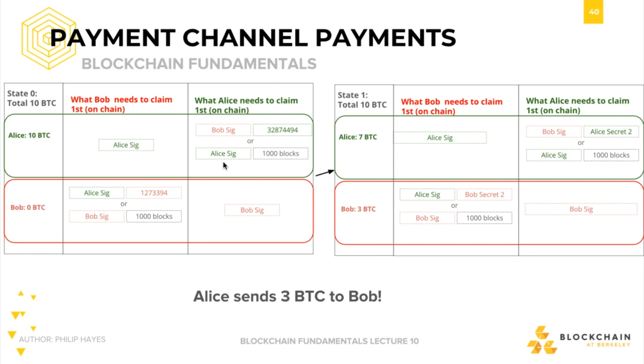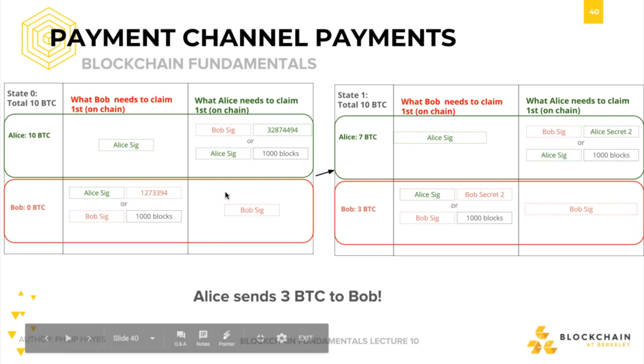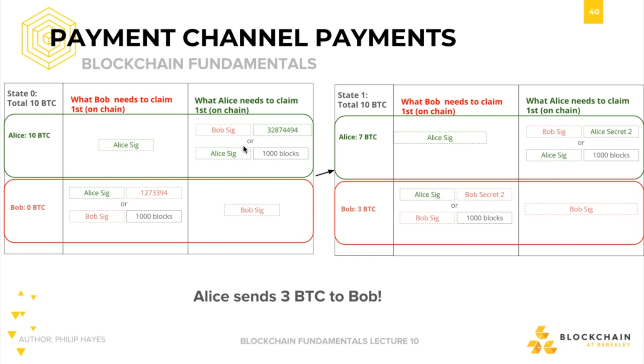So her signature along with 1,000 blocks. Or she would need Bob's signature along with her secret key. But Bob is not going to give her his signature, right? So she would sign and put this claim that she wants her 10 Bitcoin from state 0 on the blockchain.